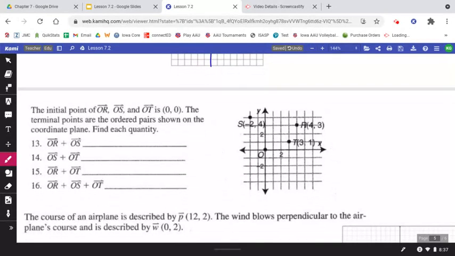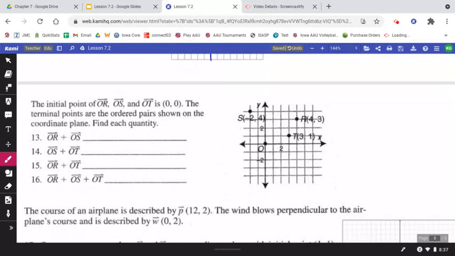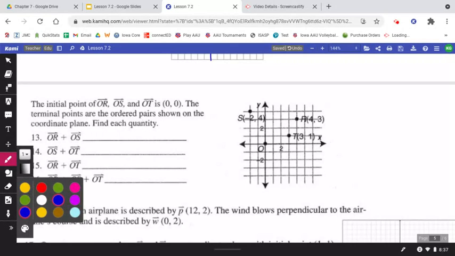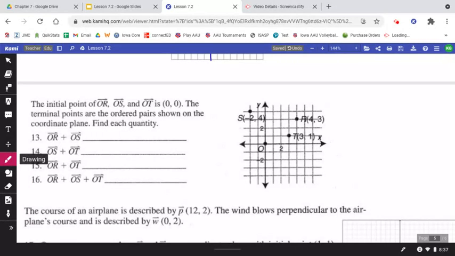Okay, the initial point of OR, OS, and OT is 0, 0. The terminal points are the ordered pairs shown on the coordinate plane. Find each quantity. So it wants me to add OR, which is 4, 3, plus OS, which is -2, 4.